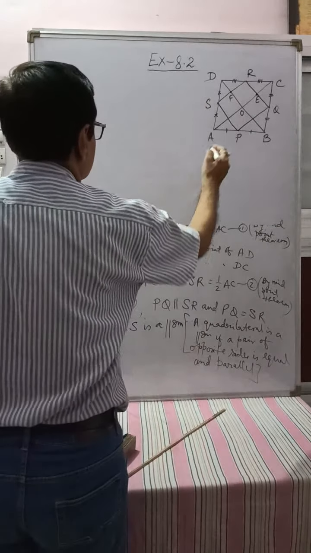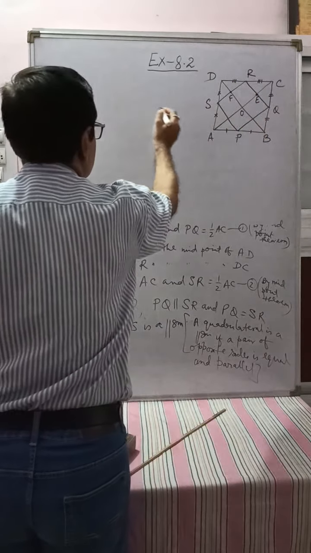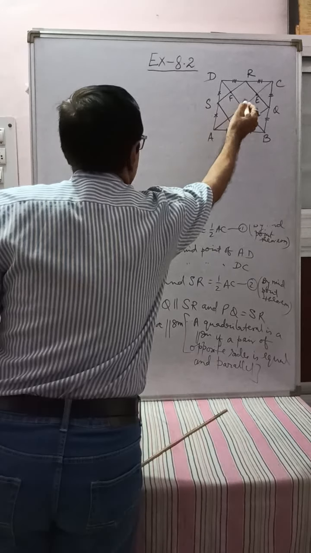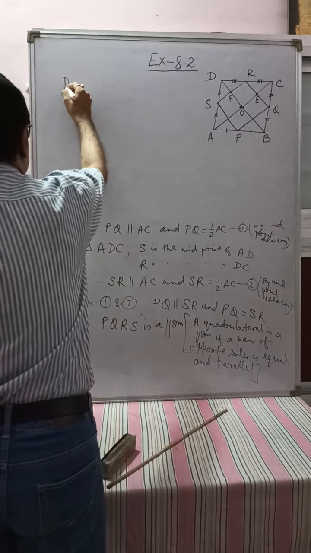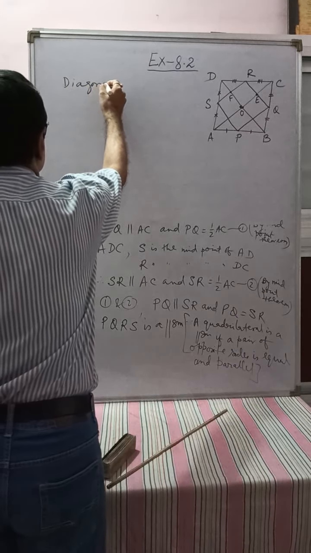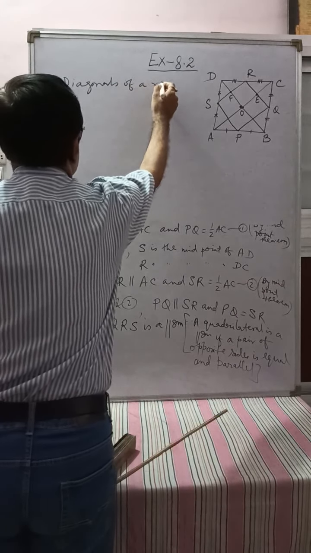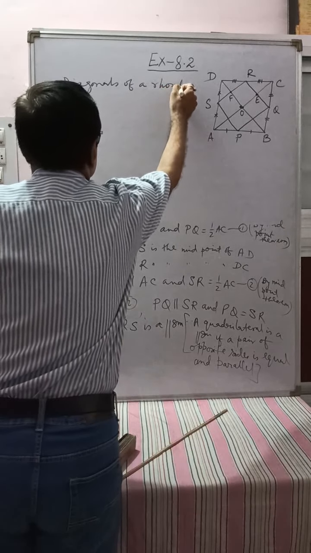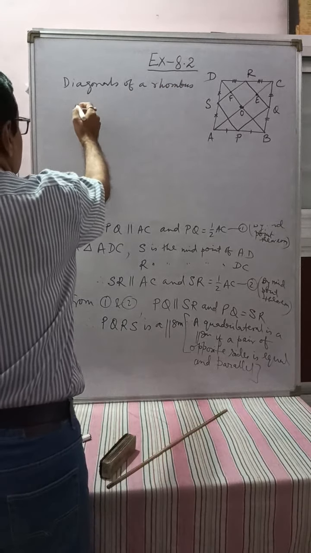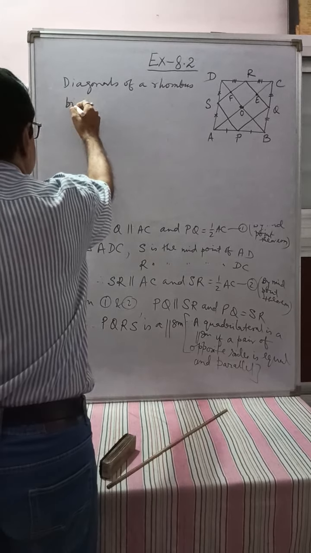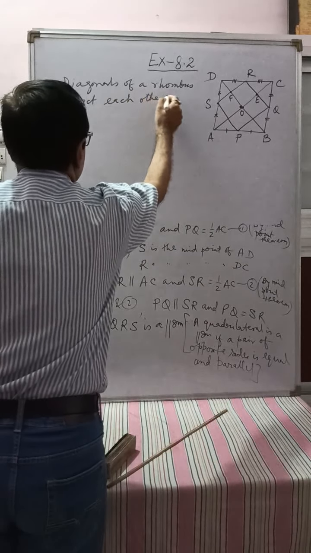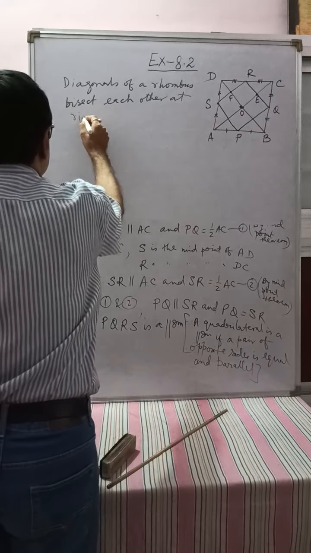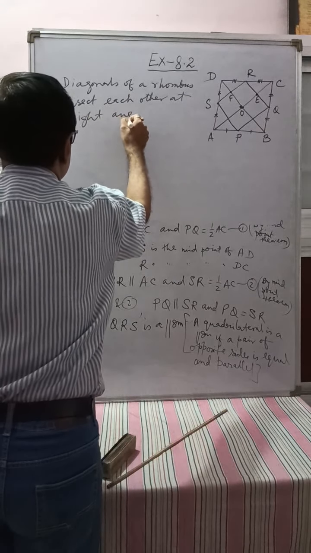For that, diagonals AC and BD intersect at point O, and we know this property: diagonals of a rhombus bisect each other at right angles.